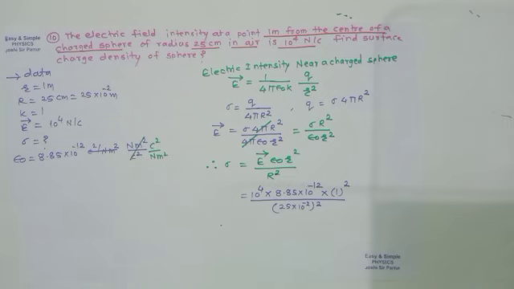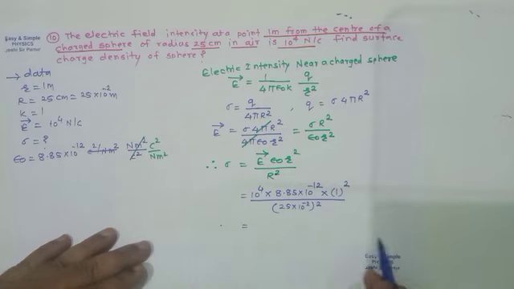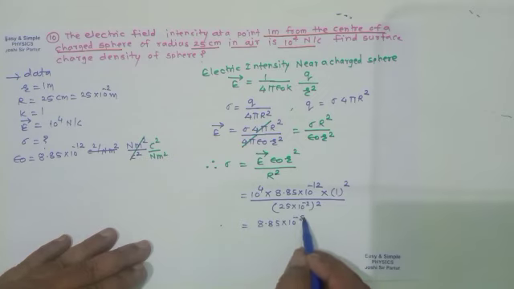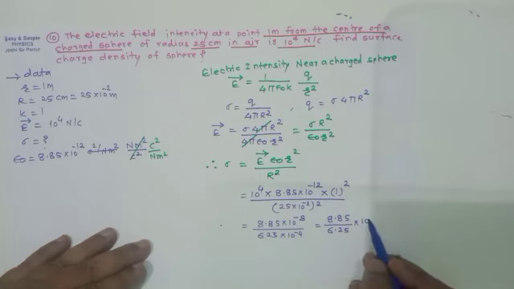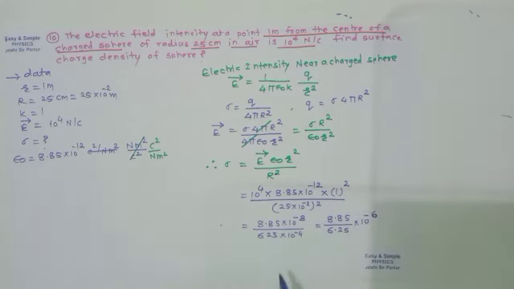So here 8.85 into 10 raised to minus 8 divided by 625 into 10 raised to minus 4. So here 8.85 divided by 6.25 into 10 raised to minus 6, because the decimal point is shifted, 10 raised to plus 2, and the minus 2 kept in the numerator becomes plus 2.